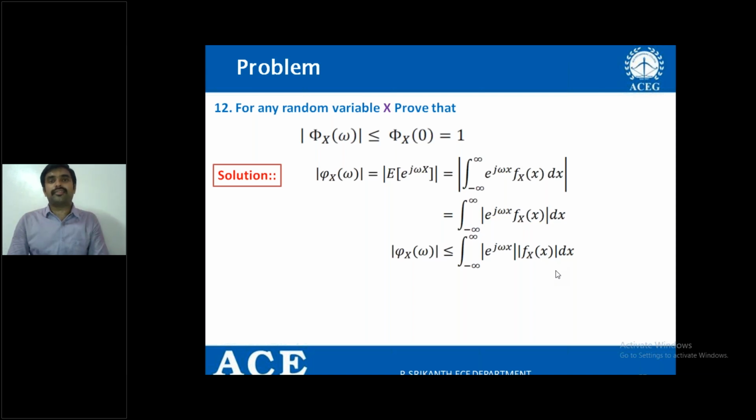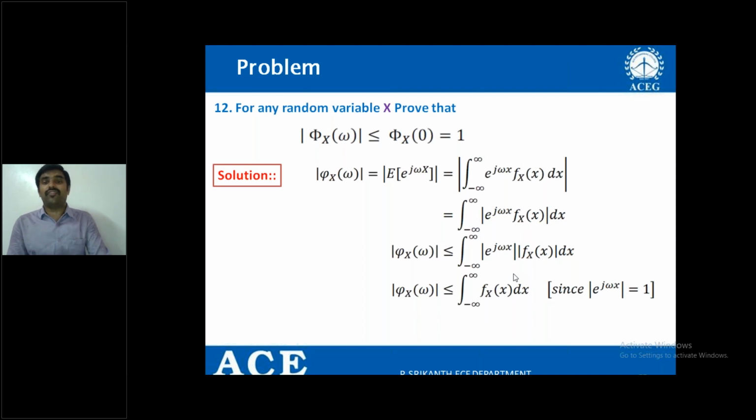Similarly, mod cos omega x plus j sin omega x equals what? Under root cos square omega x plus sin square omega x. We all know that cos square theta plus sin square theta equals 1. Therefore, what is the mod value of e power j omega x? It is equal to 1. So therefore, mod pi x of omega is less than or equal to integral minus infinity to plus infinity fx of x dx. So already we have discussed this as a first property. What is that?